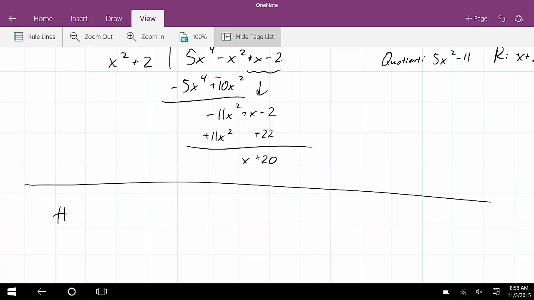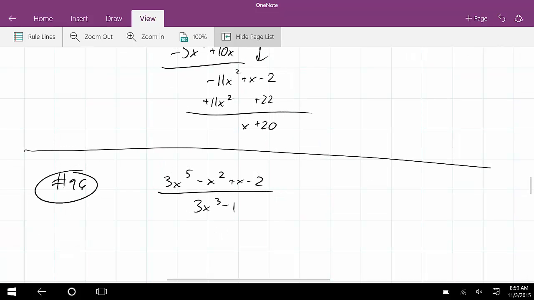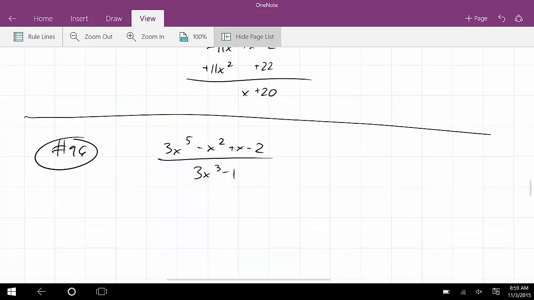This is number 96. I want to divide 3x to the power 5 minus x squared plus x minus 2. These are all plus x minus 2, it's funny. I want to divide this by 3x cubed minus 1.